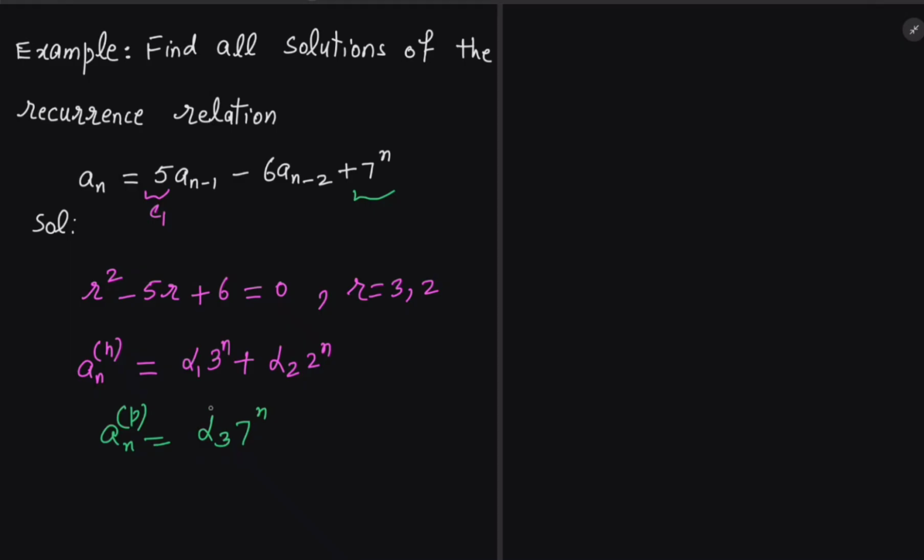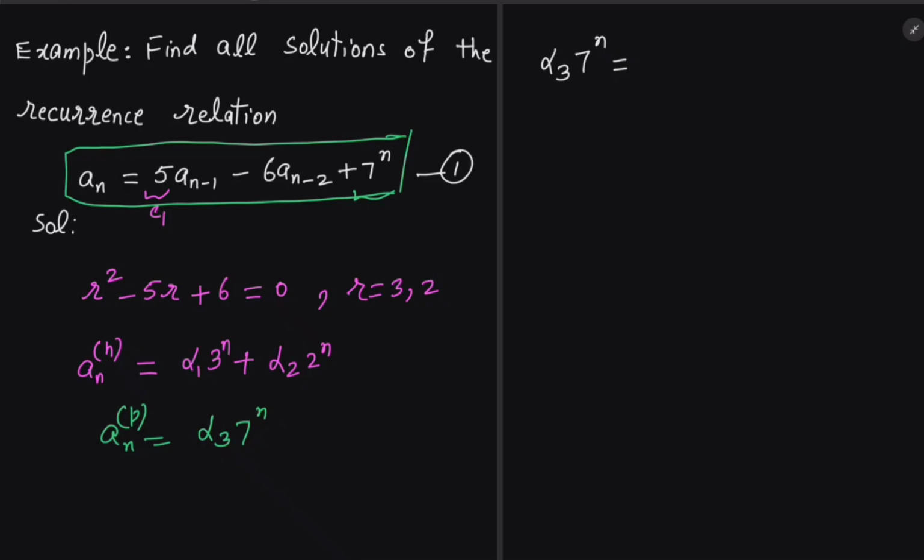So when I put that a_n^(p) into the non-homogeneous recurrence relation, we put that value into equation number 1. So a_n will be alpha 3 times 7 raised to power n. Since the input was 7 raised to power n, the output will also be 7 raised to power n.